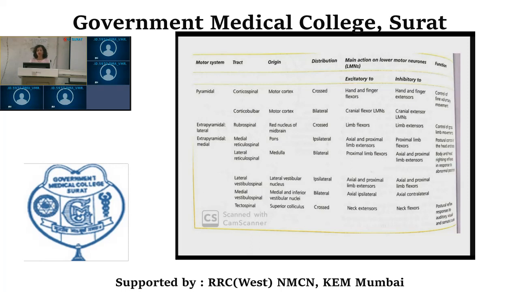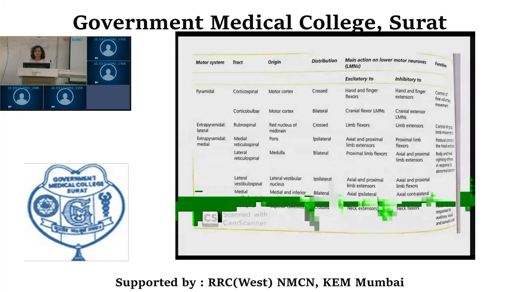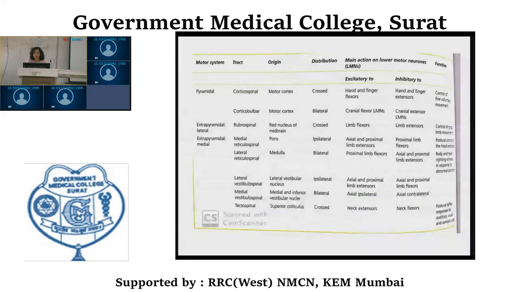The lateral reticulospinal tract is bilateral, whereas the medial reticulospinal tract is ipsilateral. The lateral reticulospinal tract is excitatory to the proximal limb flexors, functioning opposite to the medial reticulospinal tract, which is excitatory to the limb extensors. The lateral reticulospinal tract is inhibitory to axial and proximal limb extensors.